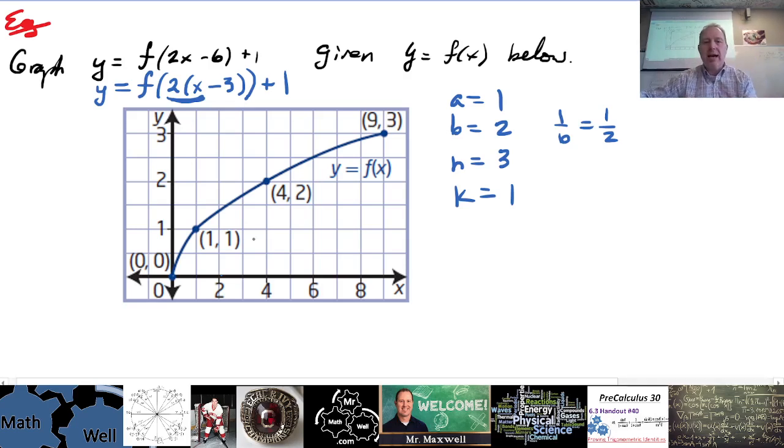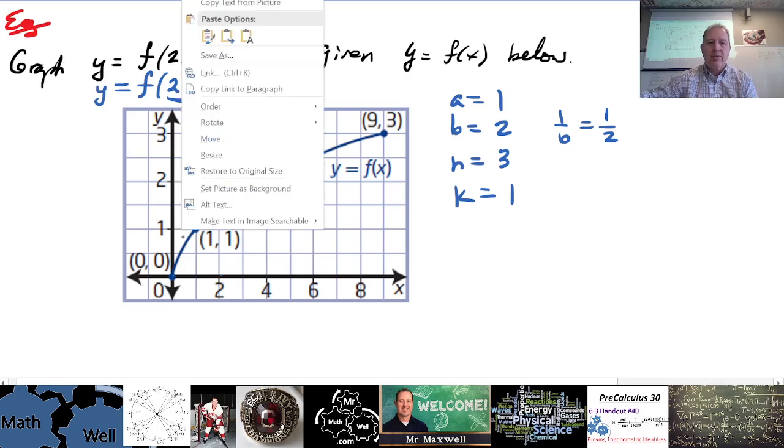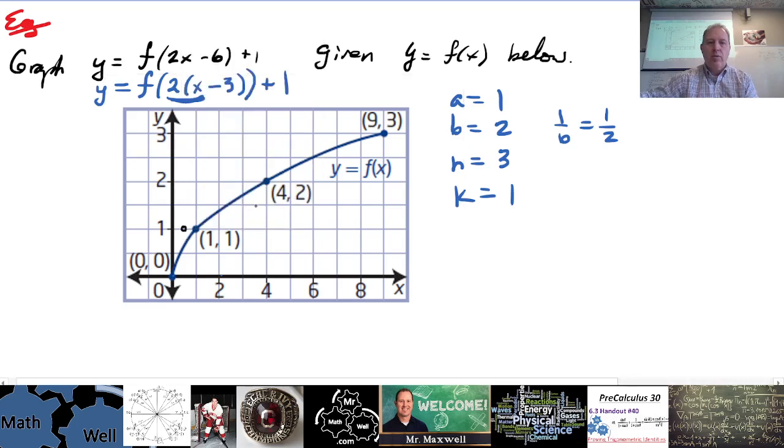So just take every x value and multiply by 1/2, or think about it this way, visually it goes halfway between its original spot and the y-axis. So a 1 turns into a 1/2. A 4 turns into a 2. A 9 turns into a 4.5. A 0 stays 0. So we've got this for our first step. Everything just squishes in horizontally. All right, for b. Got that?